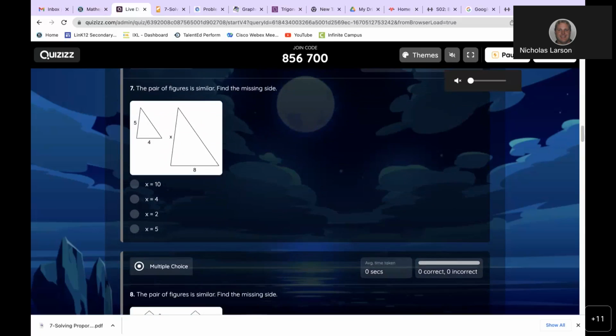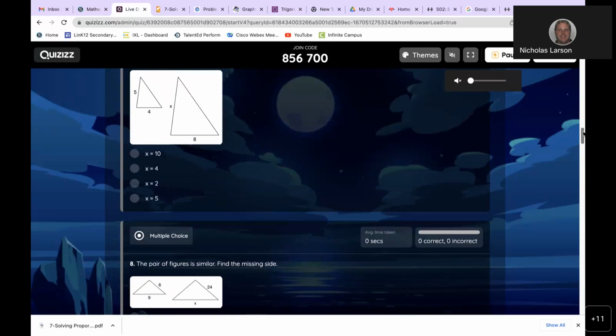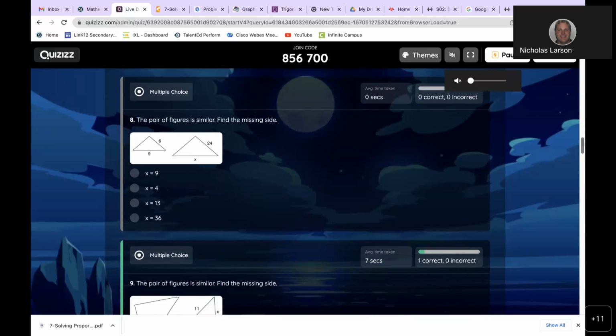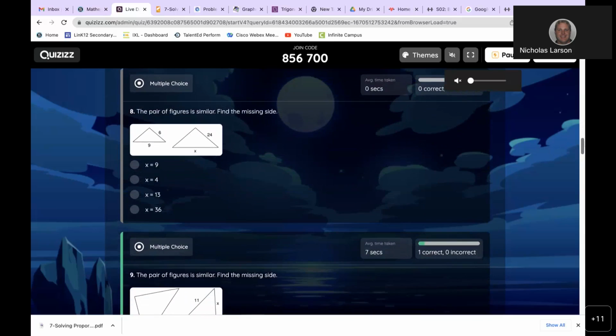Again, if you want to use a calculator to speed this up, you are allowed to, okay? Once you set up the proportion, feel free to use your calculator.